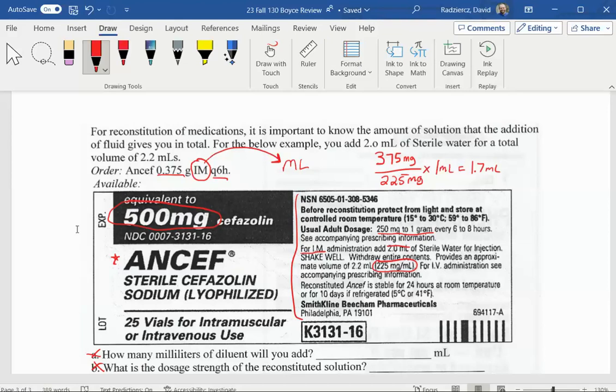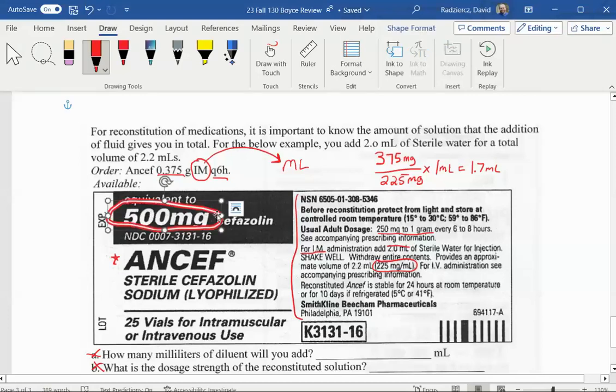There is a relationship between the strength and the volume. With these reconstitution questions, you'll know you're dealing with one because it'll just say the strength, 500 milligrams, but it won't say 500 milligrams per what. That's your clue to look at the label and look at the instructions on the side.